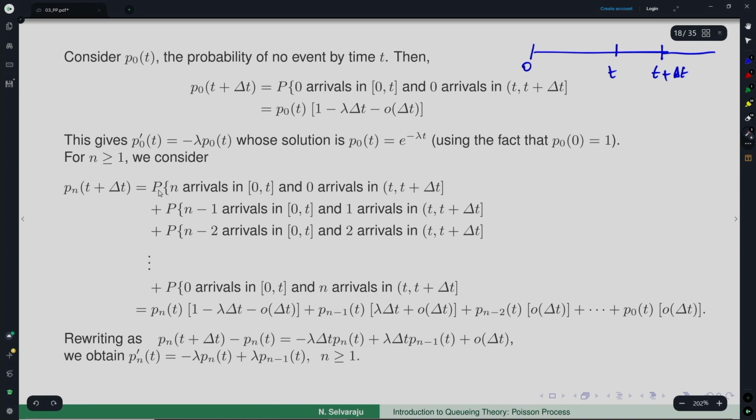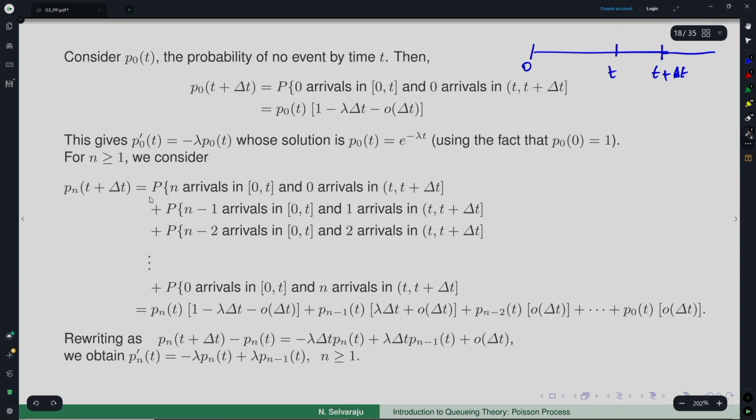This is what is important, the argument. Consider Pn of t plus delta t, which means the process is in state n by time t plus delta t. This could happen if I break this interval into two portions, 0 to t and t to t plus delta t.